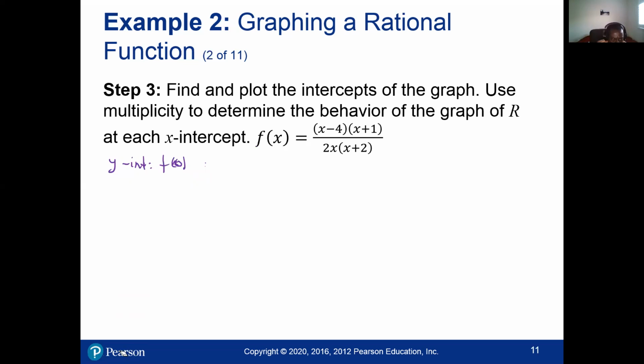So we want to find when x is equal to 0. But we know that x cannot equal 0 in this function. And therefore, there is no y-intercept.